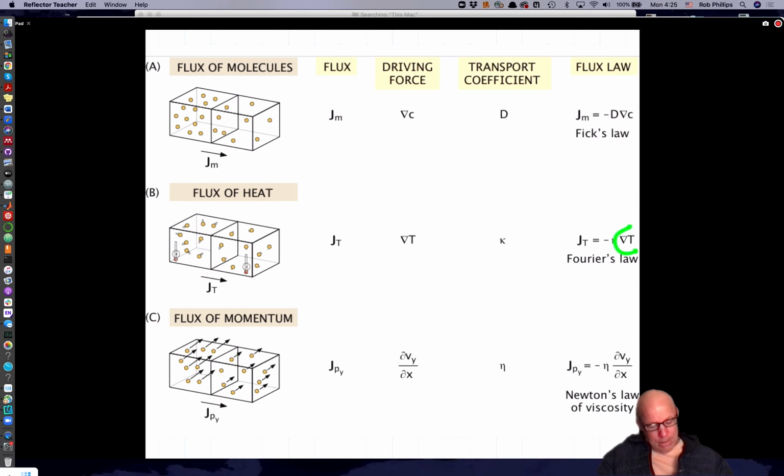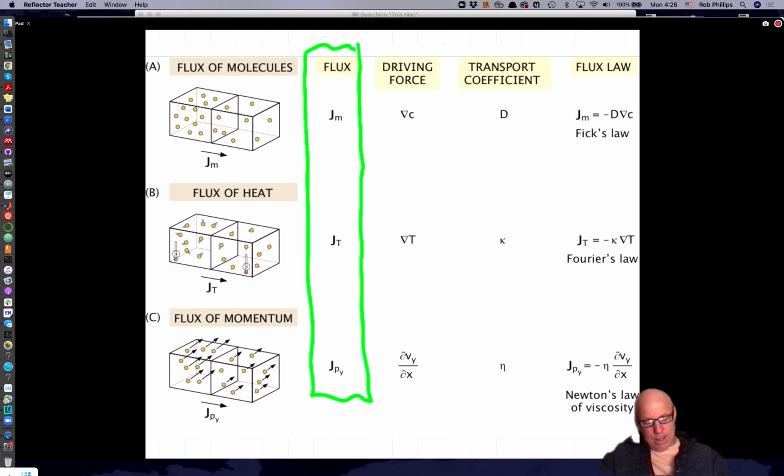When we talk about heat flow, we measure the gradient in temperature, and that tells us about the flux in thermal energy. Newton's law of viscosity relates the gradient in the velocity to the flux of momentum. So the point is that these constitutive laws tell us how to relate, once again, the flux of some quantity of interest. The flux could be molecules per area per time, energy per area per time, or linear momentum per area per time.